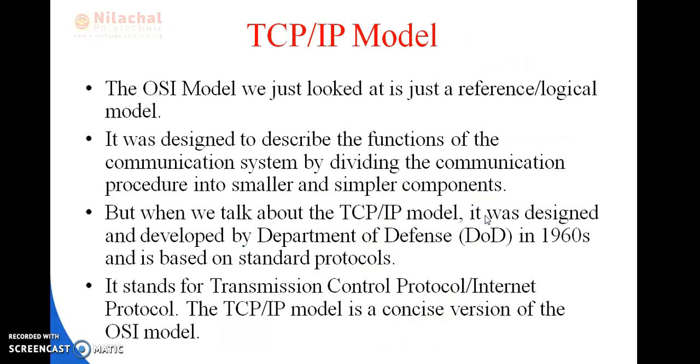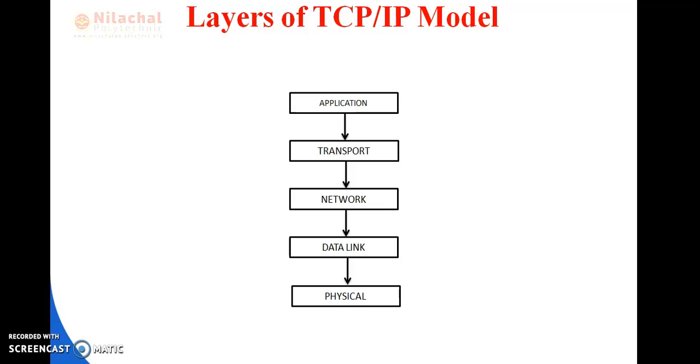In the next slide, we learn what the TCP/IP model is. The TCP/IP model was developed prior to the OSI model. The TCP/IP model is not exactly similar to the OSI model. The TCP/IP model consists of 5 layers: the application layer, the transport layer, the network layer, the data link layer, and the last one is the physical layer.